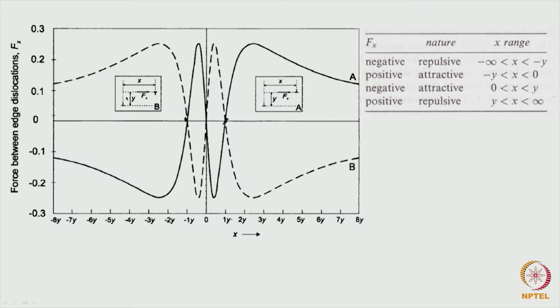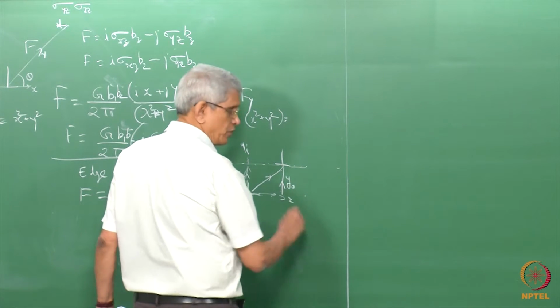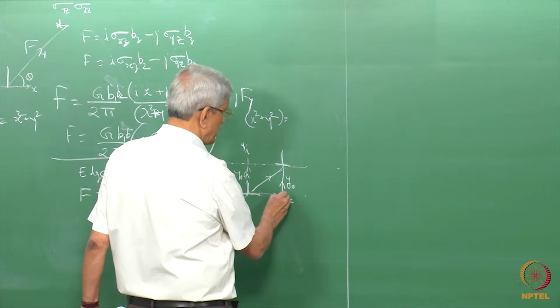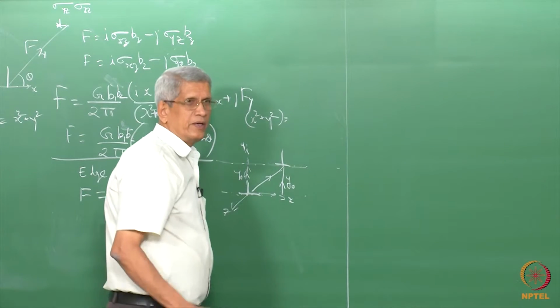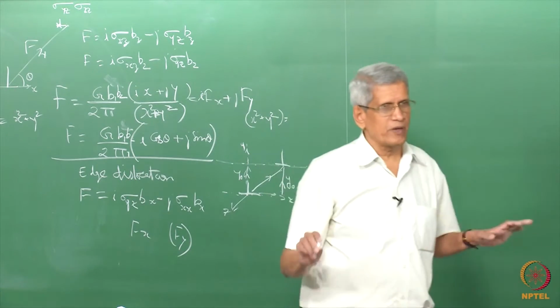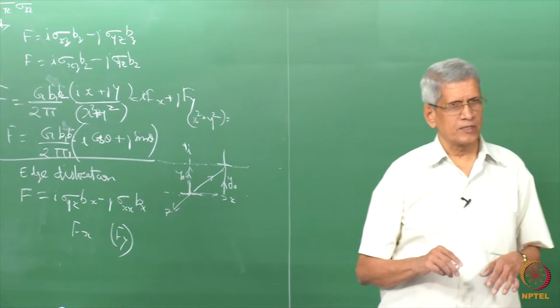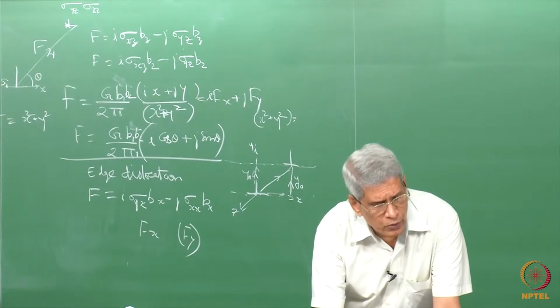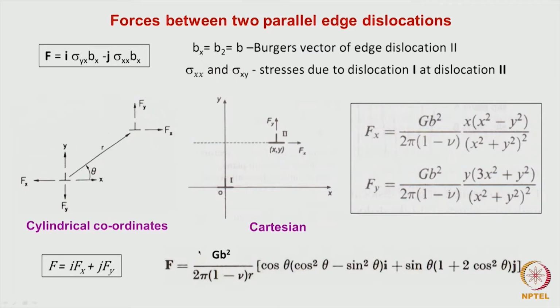Or this can be written another way in which y is a constant. I had taken it to be y0, but in that figure it is given as y. So if this is constant, x can be written in terms of y0. That is only for the purpose of making the calculations simpler. And in this you take F divided by this factor to be the quantity which we are trying to plot, which becomes a dimensionless parameter.